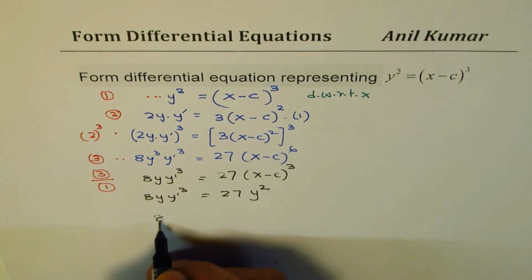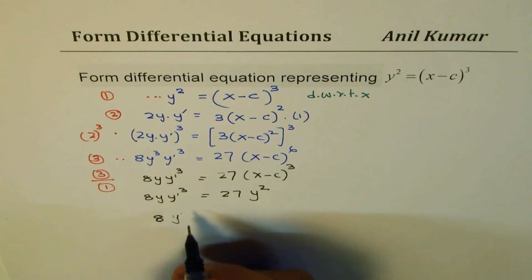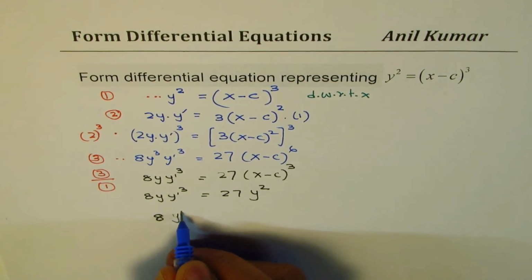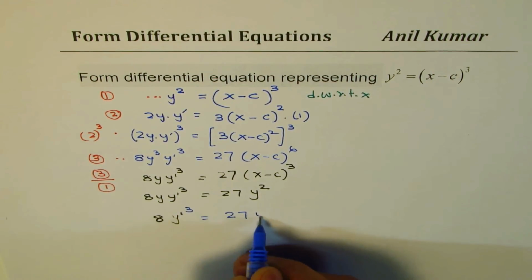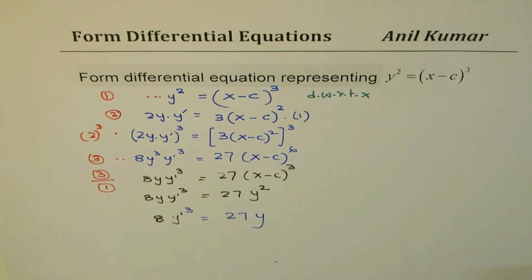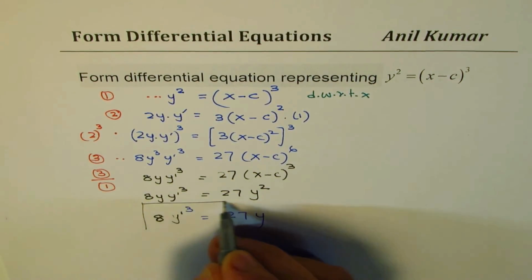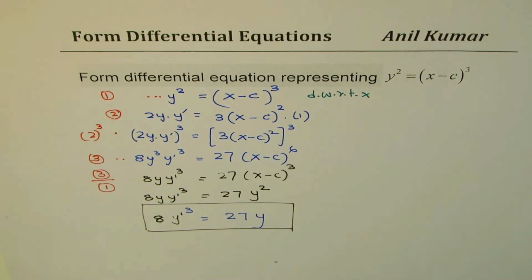So we have 8 times y prime cube equals to 27y, correct? So one of the y's get cancelled. So we get our equation which is independent of any arbitrary constant, and therefore it is a required differential equation.